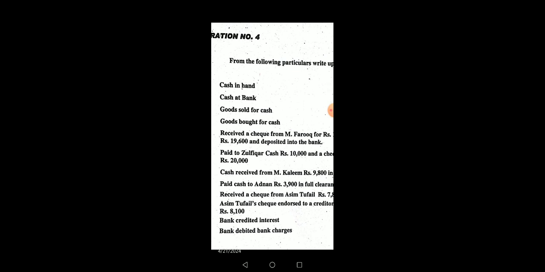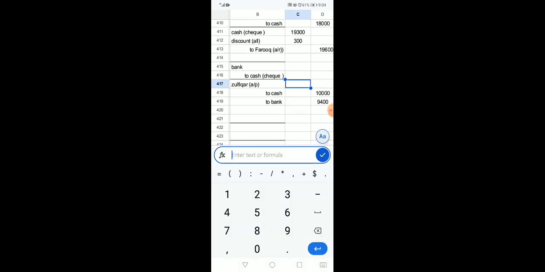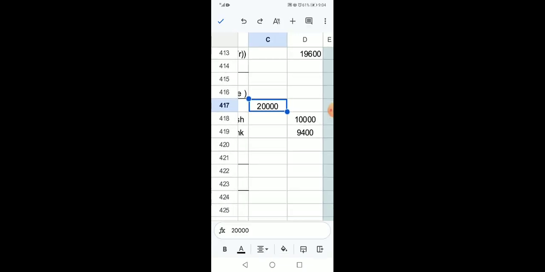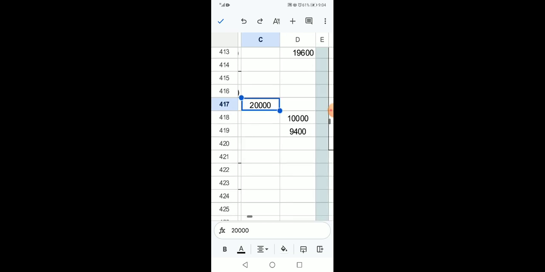And how much was the total amount? Here they mention that the full settlement of his dues was 20,000. That means the total amount you were liable to pay was 20,000. It was your liability. Now what is happening? Instead of paying 20,000, they are paying 10,000 and 9,400.